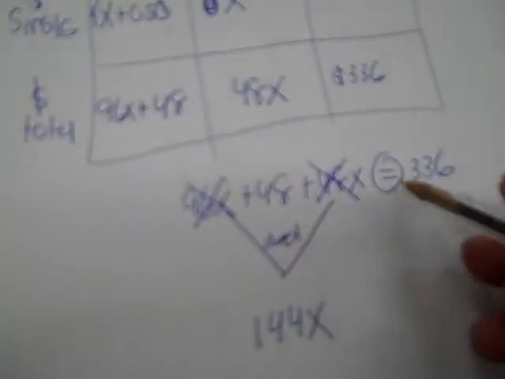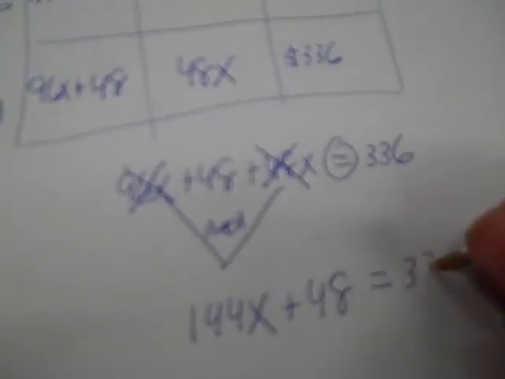So I have 96x plus 48 plus 48x equals 336. Okay, so here are my x's on the same side, so that's adding. I take 96 plus 48, and that's 144x. Before I write equals, I've got to add 48, equals 336.